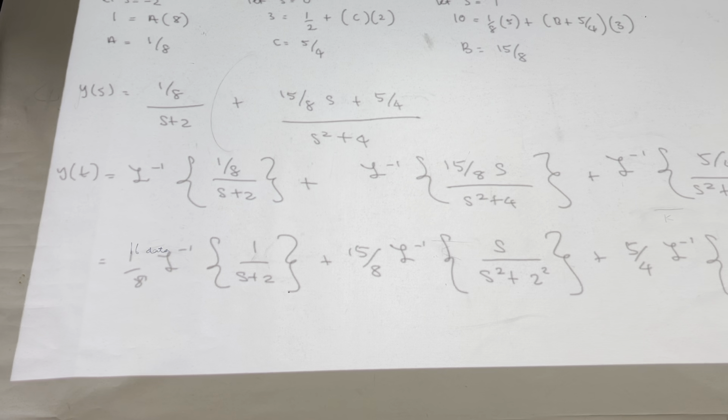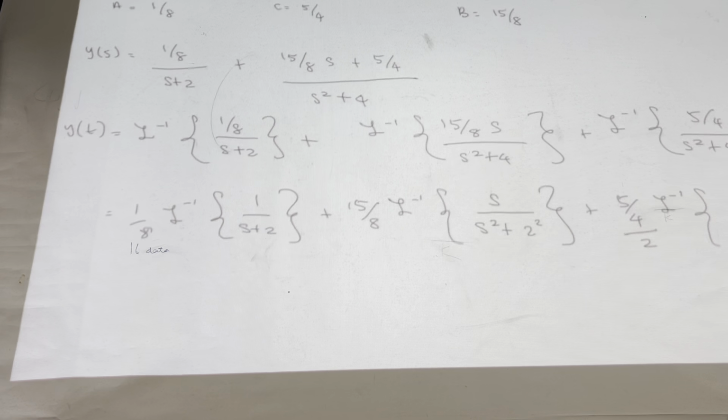So 2 squared, so on top we multiply by 2, and here we divide by 2. So the first one we have 1/8, 1 over s plus 2 is exponent minus 2t, plus 15/8.